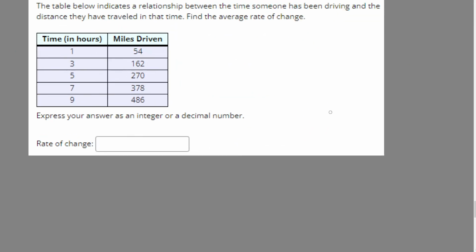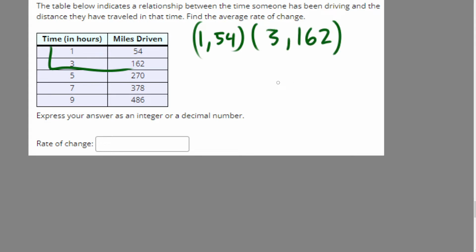The table below indicates a relationship between the time someone has been driving and the distance they have traveled in that time. Find the average rate of change. So for this, it's easier for me to do the point thing. So (1, 54) and (3, 162). You could pick any points.